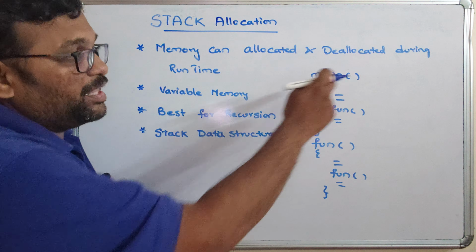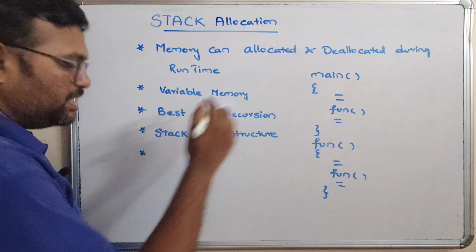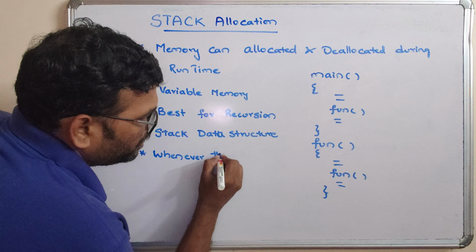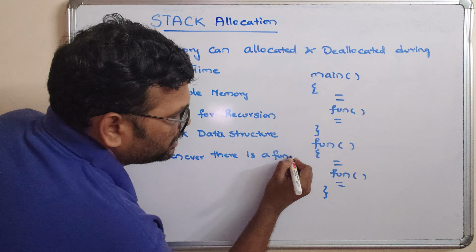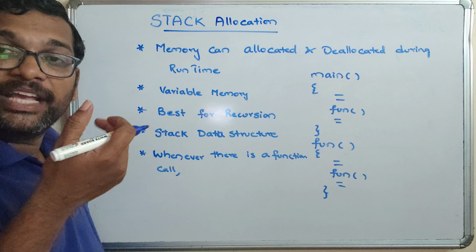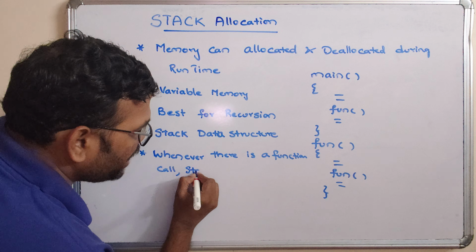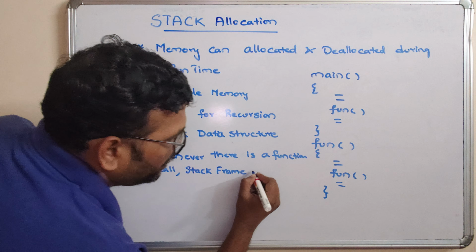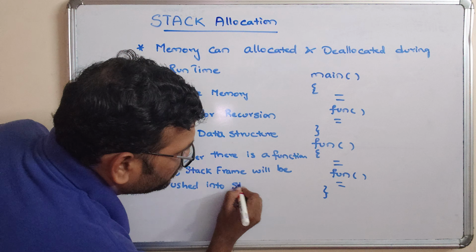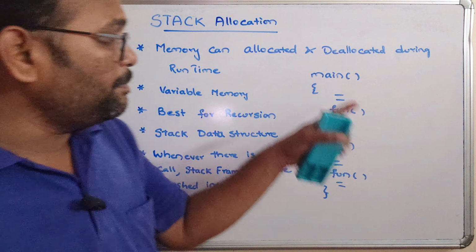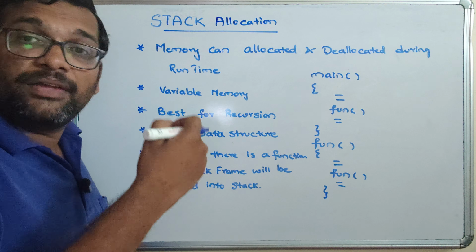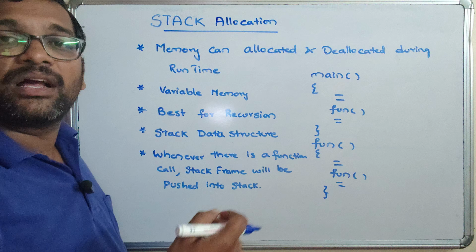Whenever there is a function call, most important, the stack frame will be created and pushed into the stack. Stack frame is a new term. So whenever there is a function call, immediately it will search for the function definition and the control moves towards the function definition, and once the function definition has completed its execution, it will come back to the calling function.